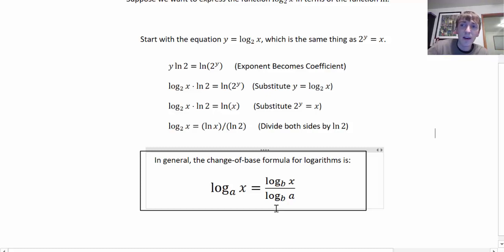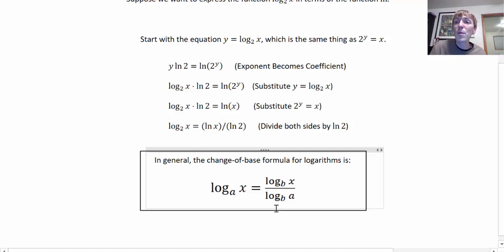When you divide a function by a constant, remember, that's what we call a vertical squash. Or maybe a vertical stretch if you're dividing by something that's less than 1. But in any case, it's just a vertical transformation. And that's actually the difference between the bases of logs. They're all vertical transformations of each other, or specifically vertical stretches and shrinks.